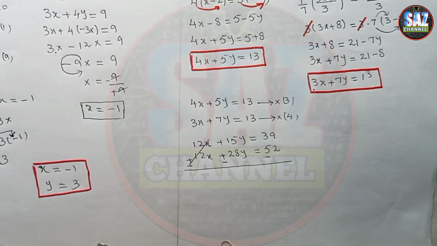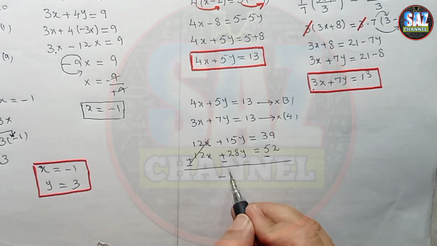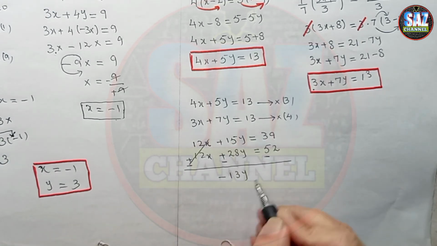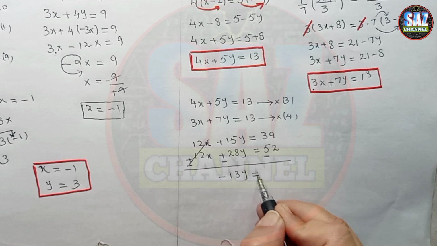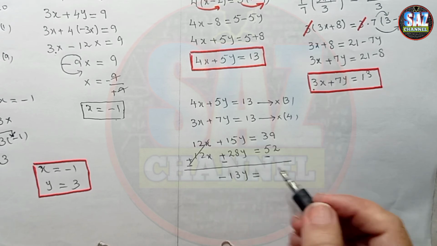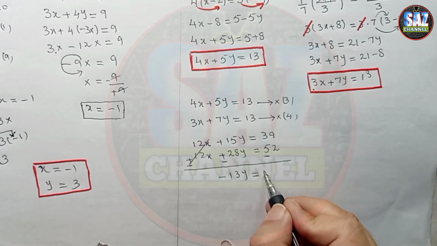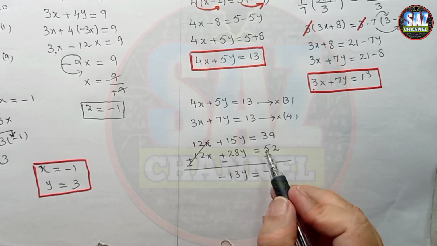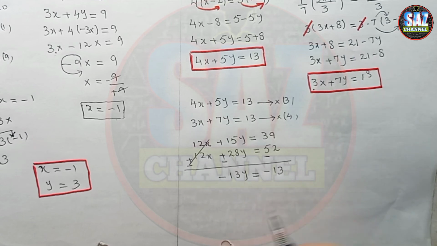When I'm taking away 15 from 28, my answer will be minus 13y, because 28 is big, so 13 will have the negative sign. And same when I'm taking away 39 from 52, the answer is 13. 12 minus 9 is 3 and 4 minus 1 is 1.